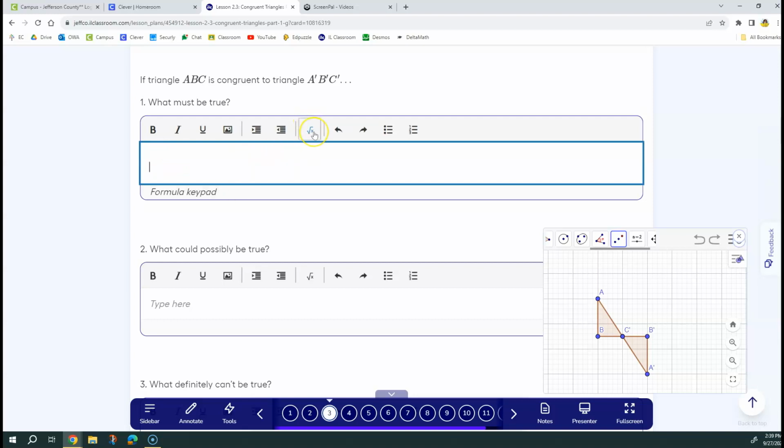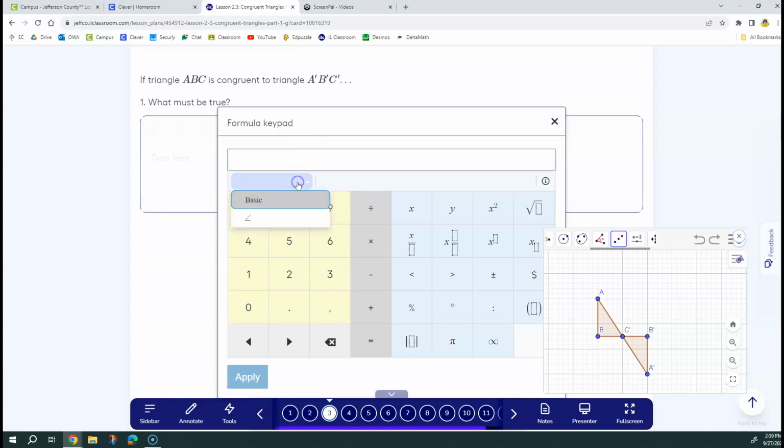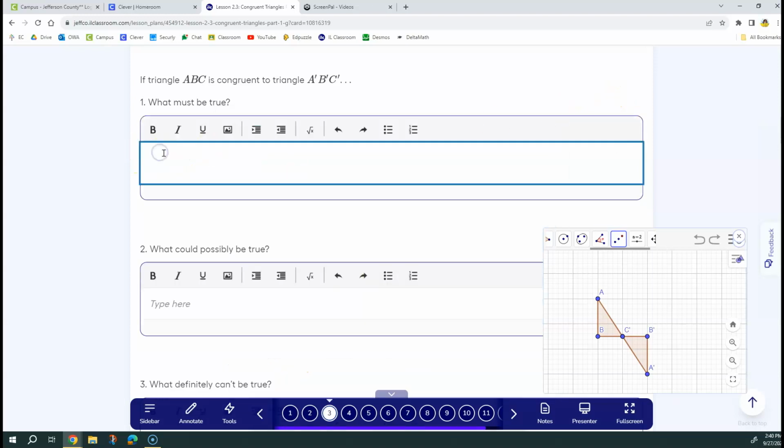So let's see. Do we have symbols on here? No. Let me see if I've got. Nope. All right, well, we are going to have to use words instead. So segment AB is congruent to, they probably maybe have that symbol, maybe.